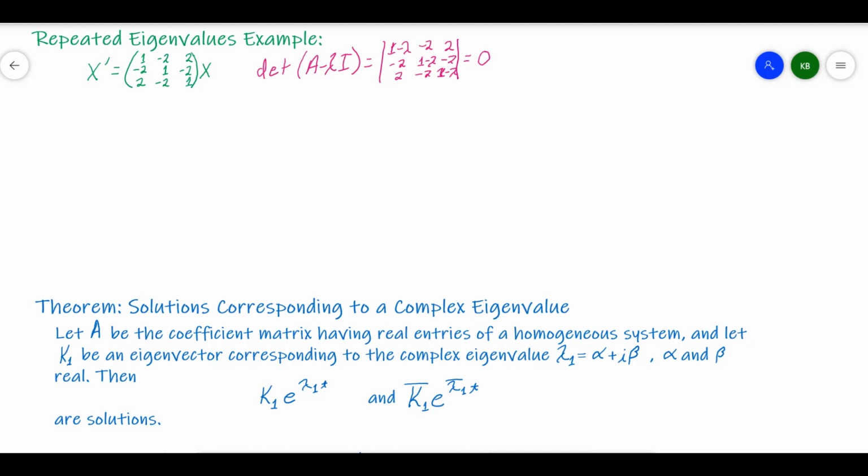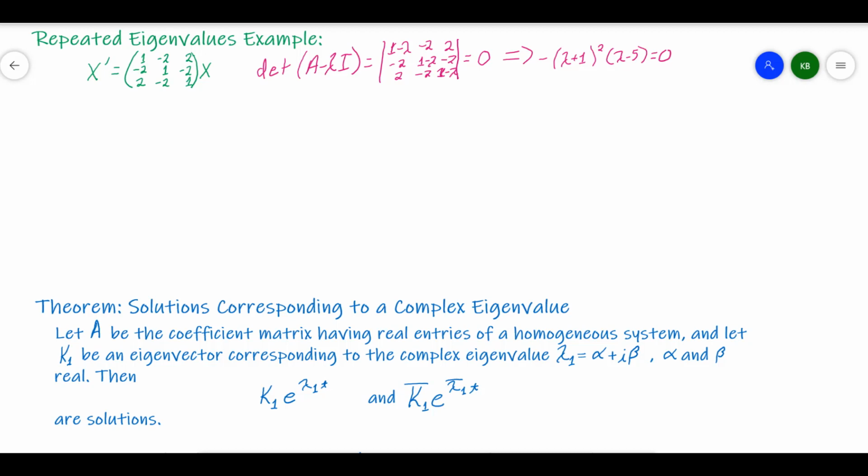And we're going to solve that. This is going to end up telling us that we have negative lambda plus 1 squared times lambda minus 5 equals 0. That's after we've multiplied it out, we found our determinant, and we've then factored it.